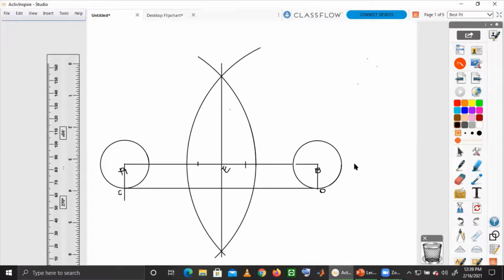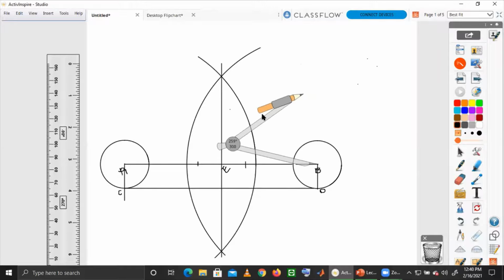So again, using our compass, here we've got our compass. Position it well at point B to obtain our arc.